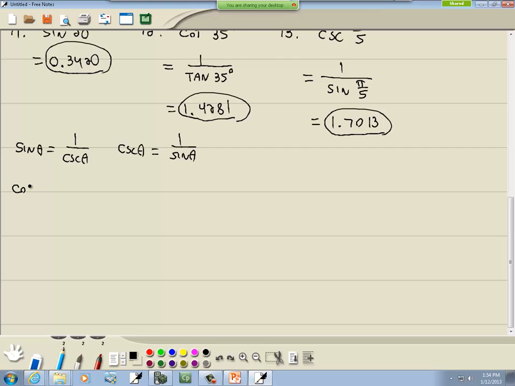If you've got cosine theta, that's equal to 1 over secant. Cosine and secant are reciprocal functions. And secant is equal to 1 over cosine. Tangent is equal to 1 over cotangent, because again those are tied together. And cotangent is equal to 1 over tangent.